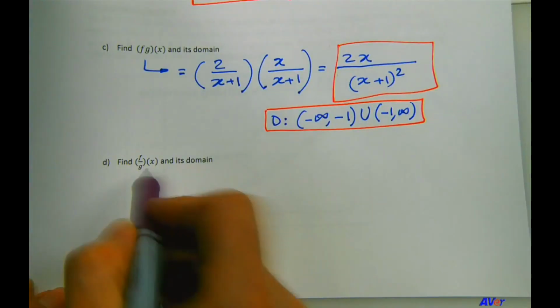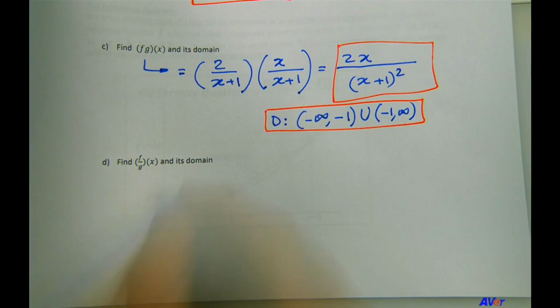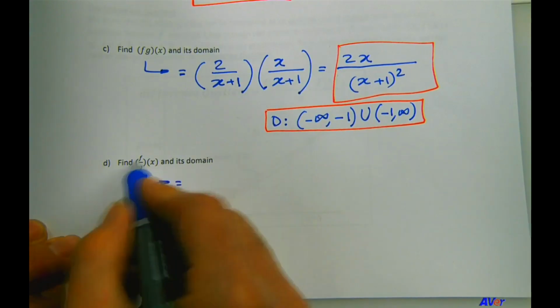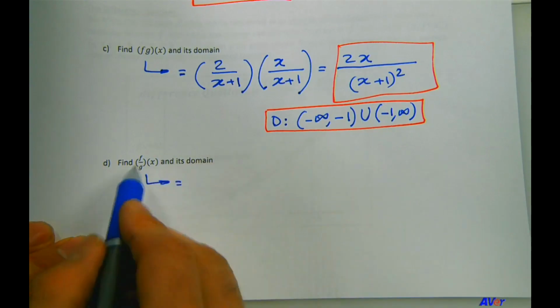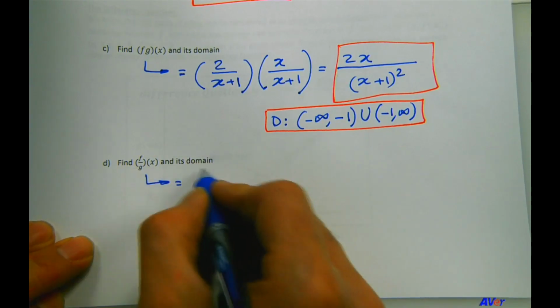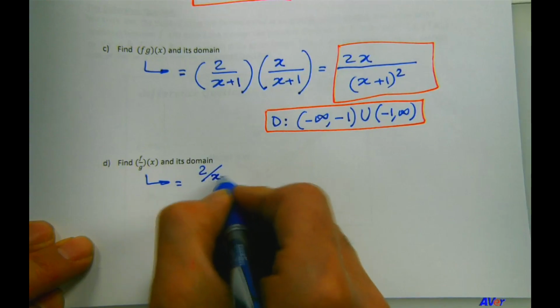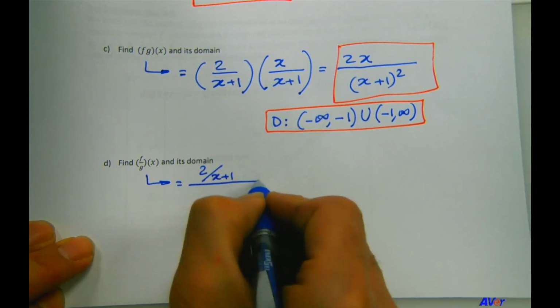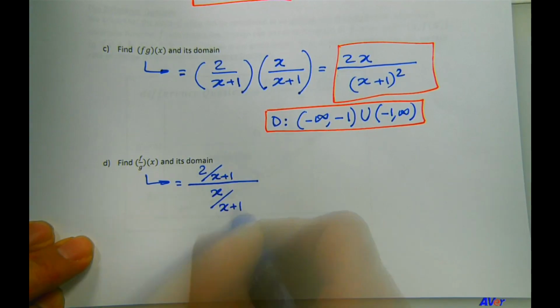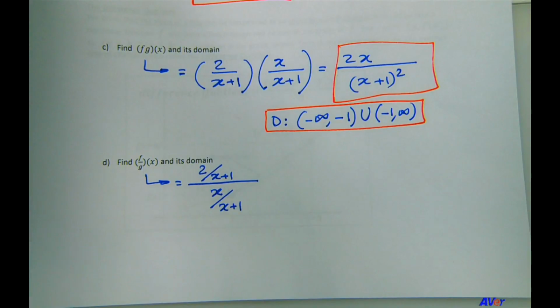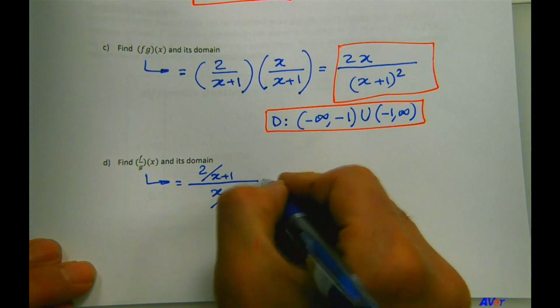Okay. Then dividing the functions. So f was, here we're going to get a complex fraction. So f was 2 divided by x plus 1, divided by g, which was x divided by x plus 1. Okay. So I think I mentioned before the easiest way to simplify a complex fraction. There's a very easy way to do that.